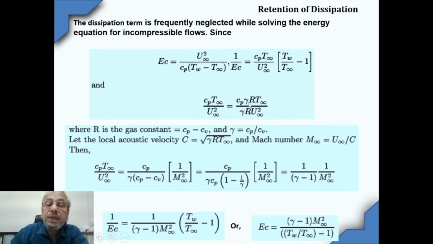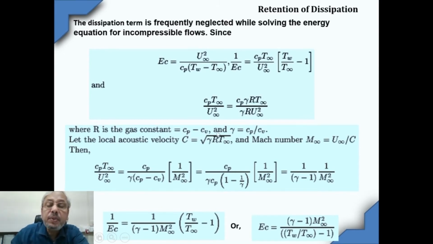Sorry, I've made a mistake again. So Cp gamma r T infinity divided by gamma r U infinity square. Gamma r is introduced because gamma is basically the ratio of specific heats, Cp by Cv, and r is the gas constant, which is basically Cp minus Cv.